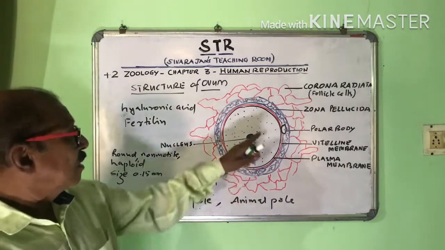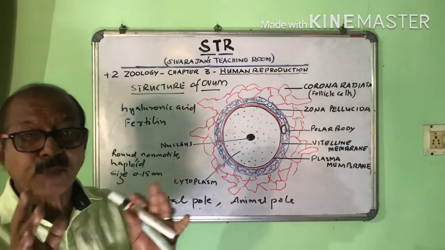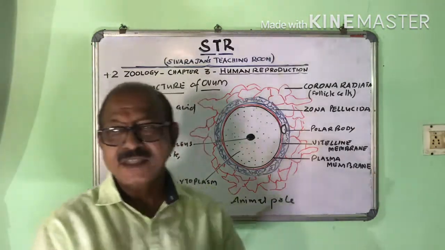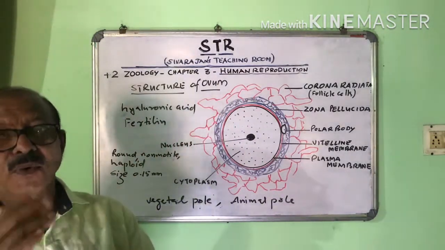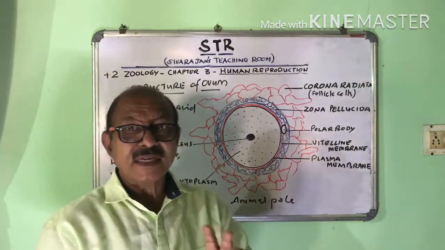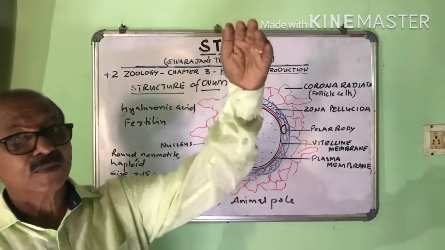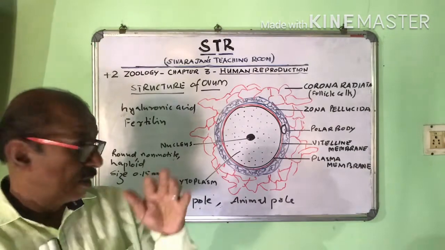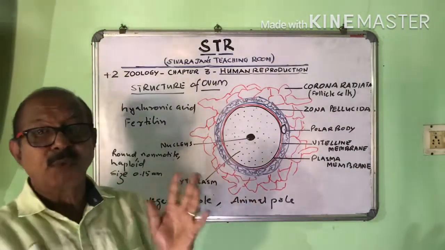So we see the ovum has polarity. What is polarity? It has got two poles. As we assume that the earth has got two poles, the north pole and the south pole, like that the ovum is also having two poles.